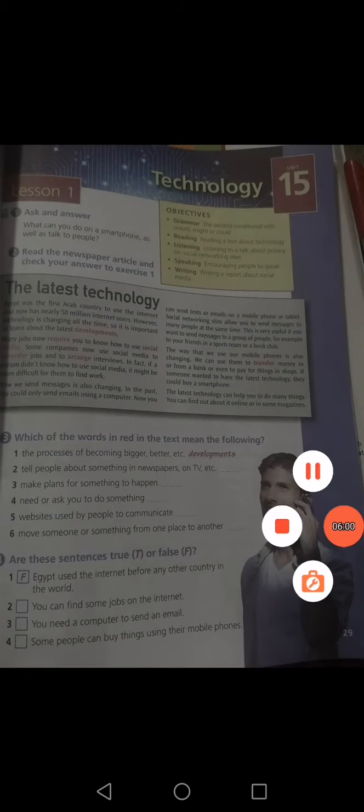Exercise number 4. Are these sentences true or false? Okay. Answer them quickly. Okay, number 1 is false.